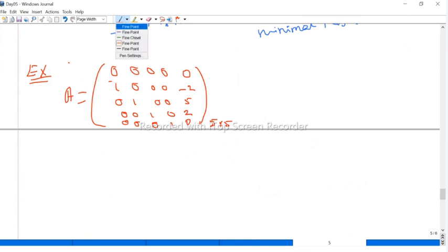Therefore, this is a companion matrix of some polynomial. Here we get the identity matrix, and the first row up to this is 0, so the constant term is 0. What is the corresponding polynomial? We can write P of x. It's a fifth degree polynomial, therefore x power 5 should be there. And here, this is the coefficient of x power n minus 1.